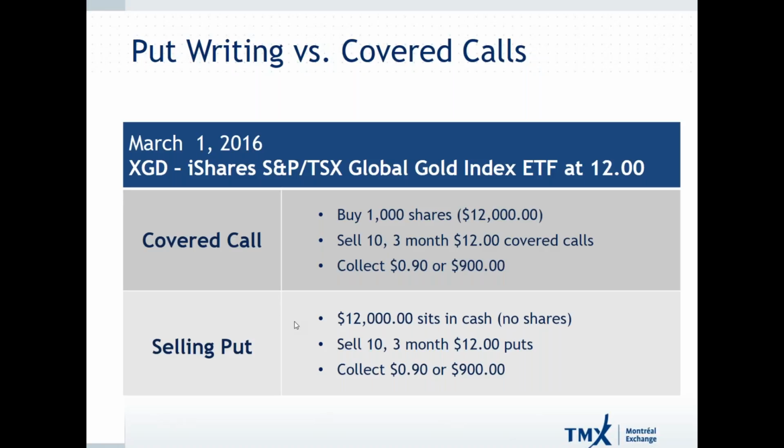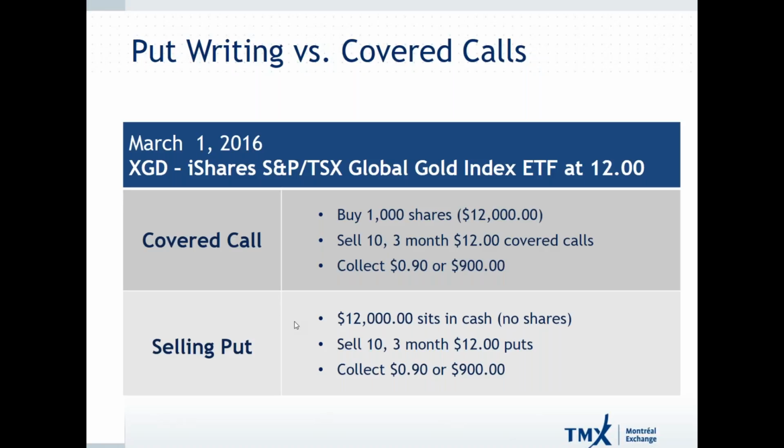So if we were looking to implement the covered call, we could buy 1,000 shares of the underlying ETF and pay out $12,000. We could then turn around and sell 10 3-month covered calls at the $12 strike and collect 90 cents, or $900 per share.